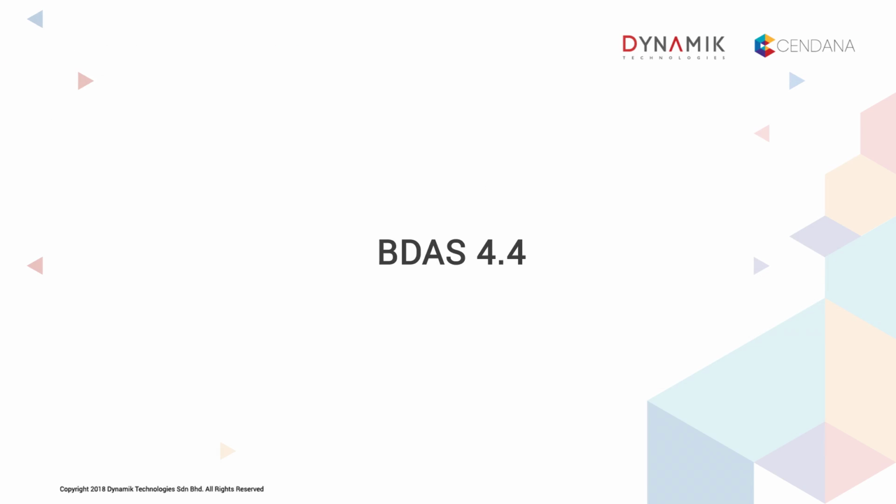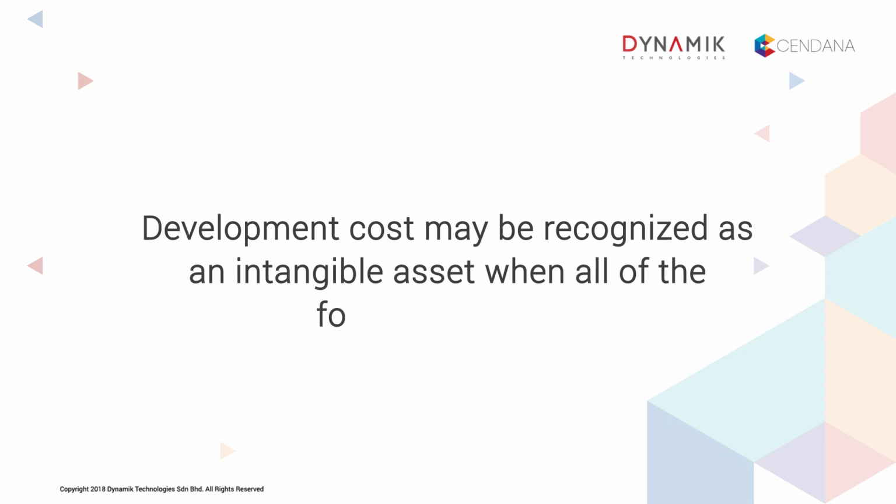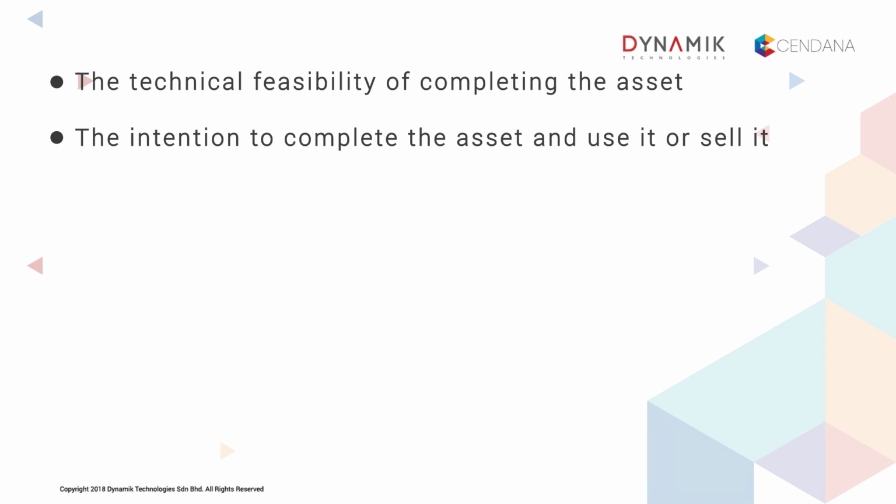Moving on to BDAS 4.4, the development cost. Development costs may be recognized as an intangible asset when all of the following are met. The technical feasibility of completing the asset so that it will be available for use or sale. The intention to complete the asset and use it or sell it. The ability to use or sell the asset.